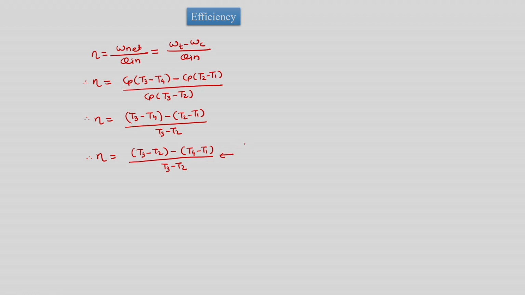This step is nothing but we are saying that efficiency is equal to Q in minus Q out divided by Q in, since Cp into (T3 minus T2) is Q in and Cp into (T4 minus T1) is Q out. So efficiency is 1 minus (T4 by T1) divided by (T3 by T2). We know that.